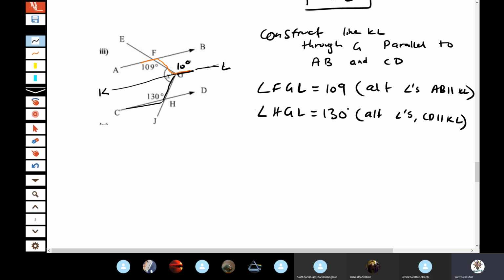And now what? 360 minus 109 minus 130 equals x. And reason? Revolution. Yeah. Angles in a revolution equal 360.